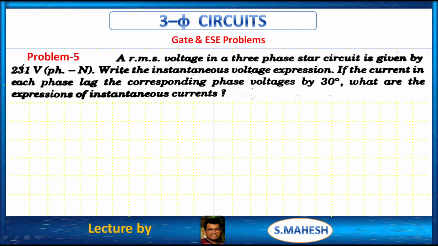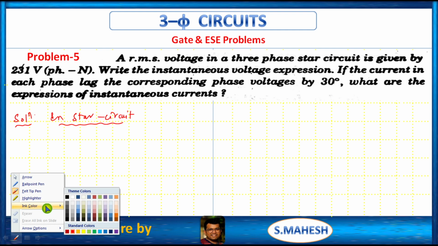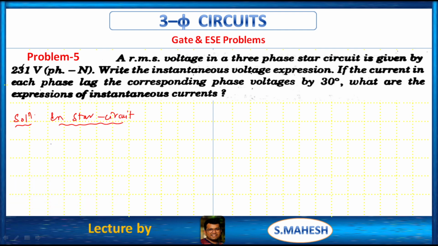Okay, that is the solution. Given star connection, in star circuit, line to line voltage is equal to root 3 V phase to neutral, which is root 3 into 231, equal to 400 volts.